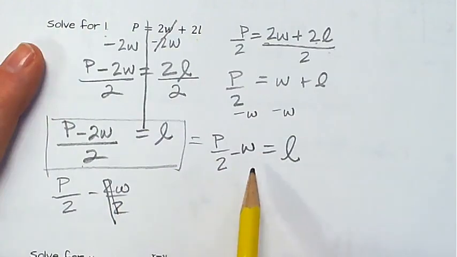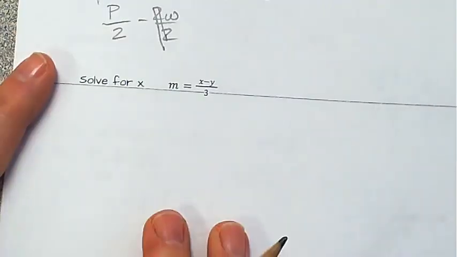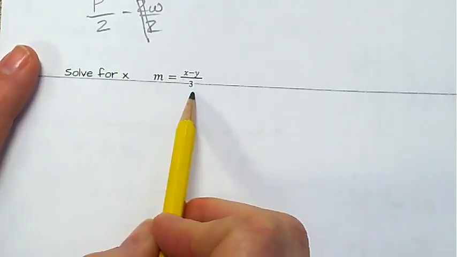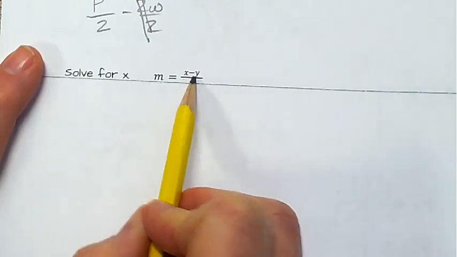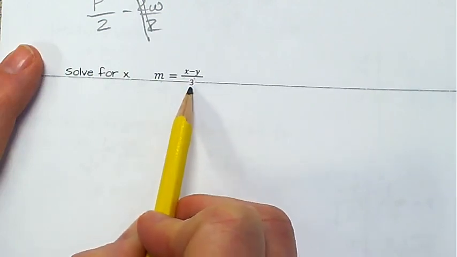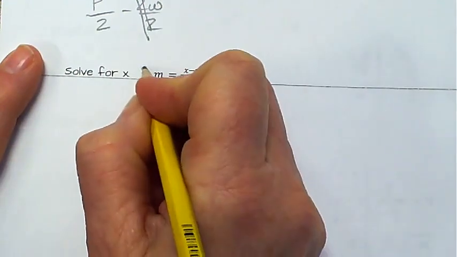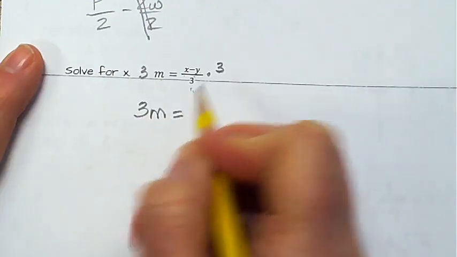Okay, solve for x. We're trying to get x by itself. So first thing I want to do is get rid of that 3. I cannot get rid of that y first. I have to get rid of that 3, and x minus y is being divided by 3, so I'm going to multiply by 3 on both sides, which is going to give me 3m equals, these 3's are going to cancel out, x minus y.